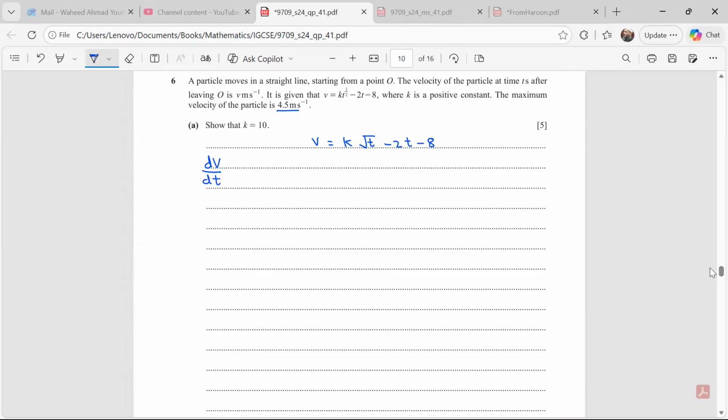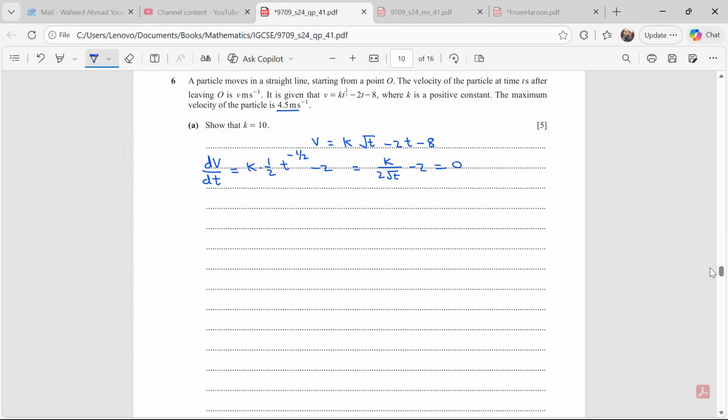That is going to be k into half, t to the power of half minus 1, which is minus half, and minus 2, and that's it, right? And this is basically k over 2 under the root t, minus 2, and this is equal to 0. We have to put the derivative equal to 0 to find the maximum point of the curve.